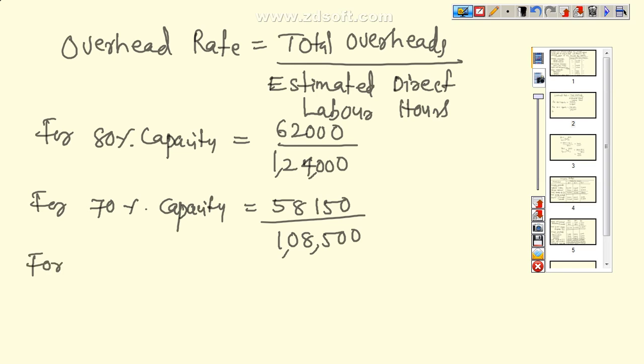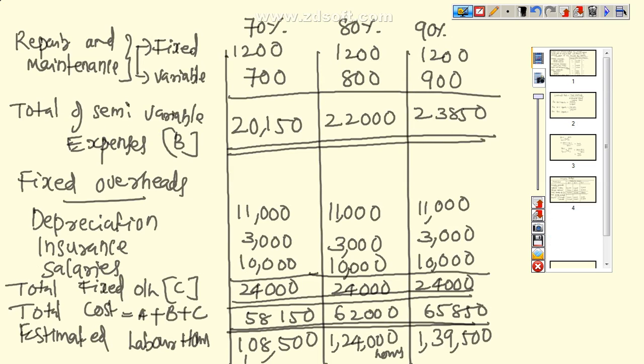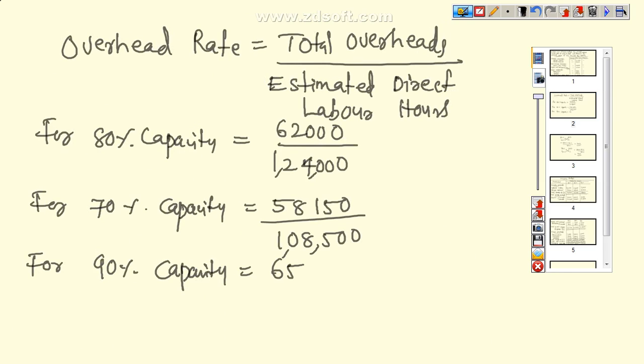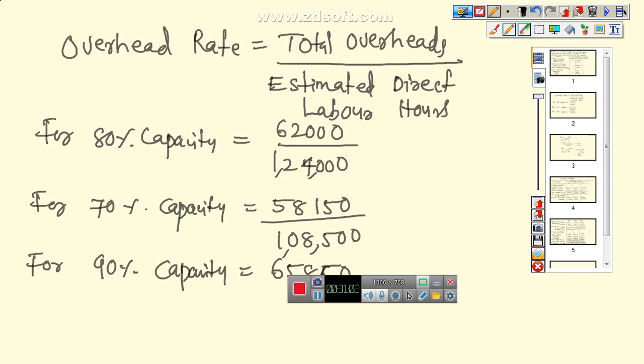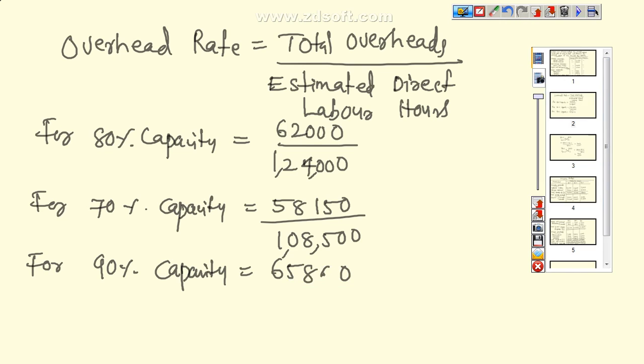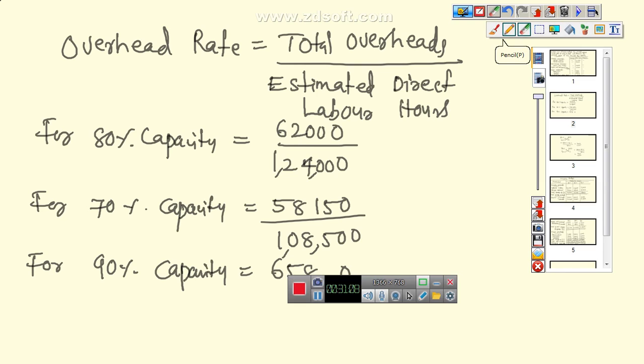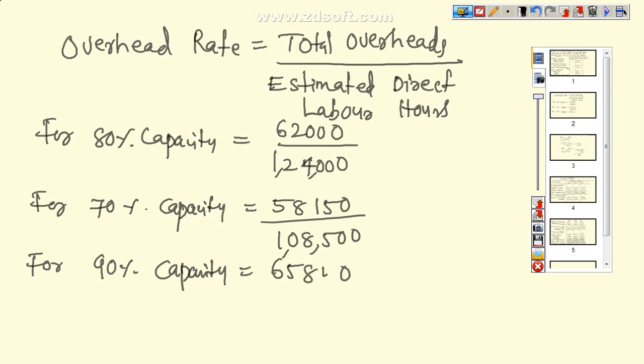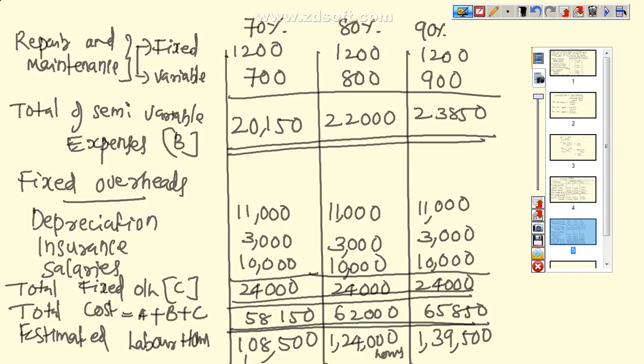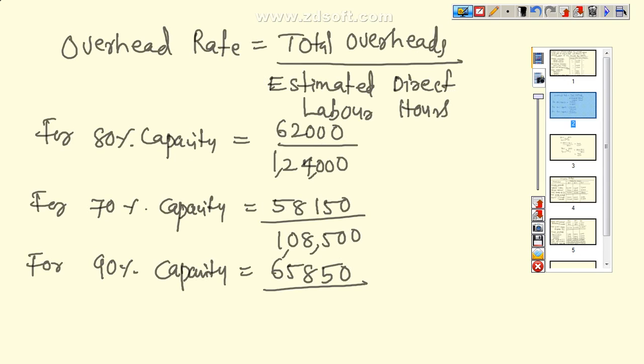And for 90% capacity, total of 90% capacity is equal to 65,850 upon direct labor hours of 90% capacity, that is 1,39,500.